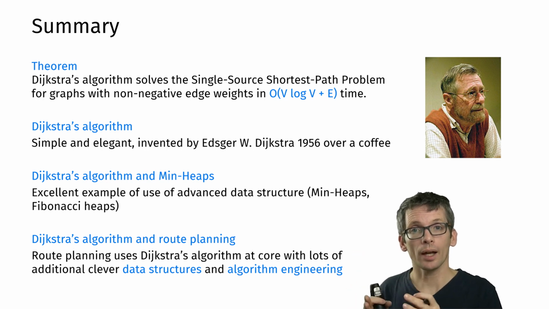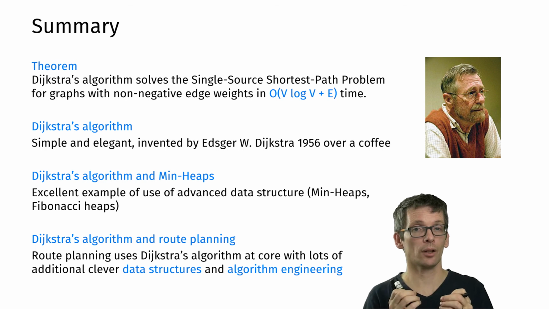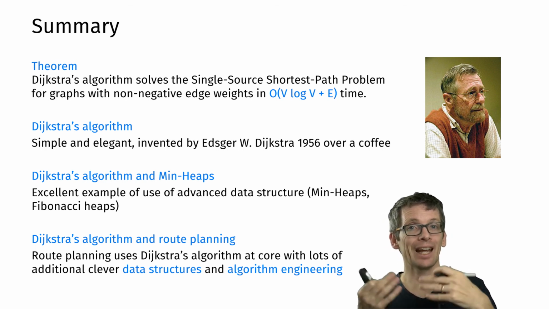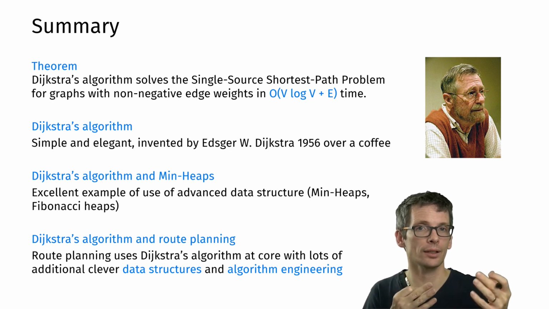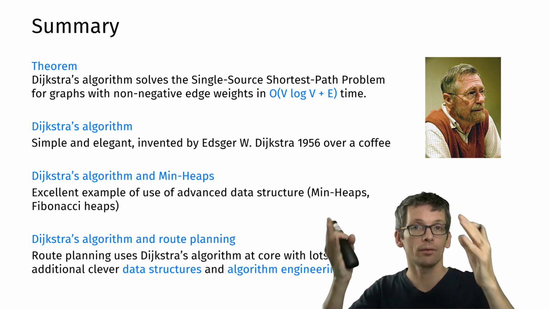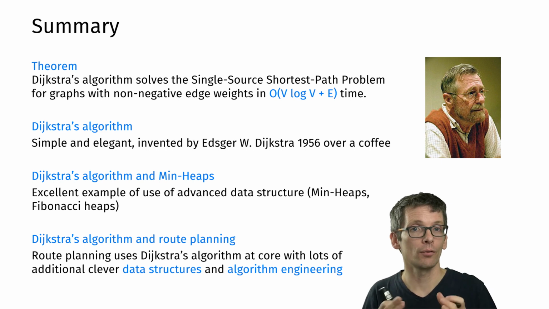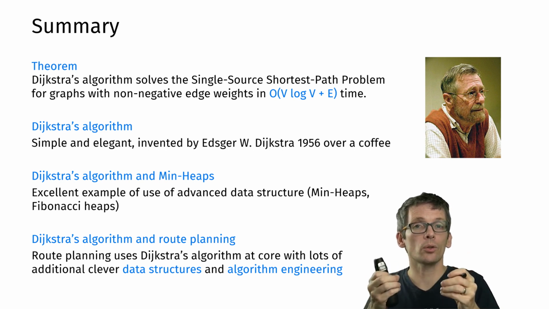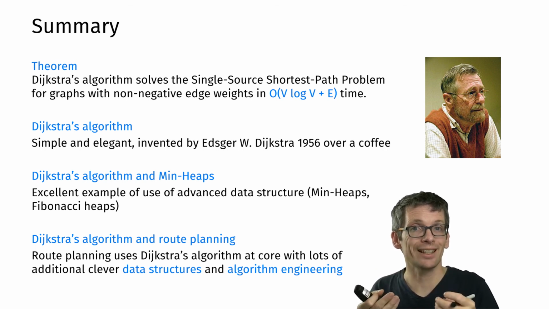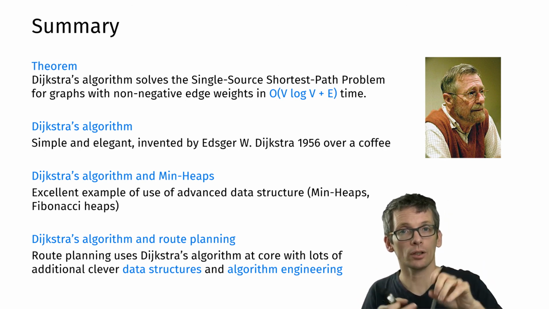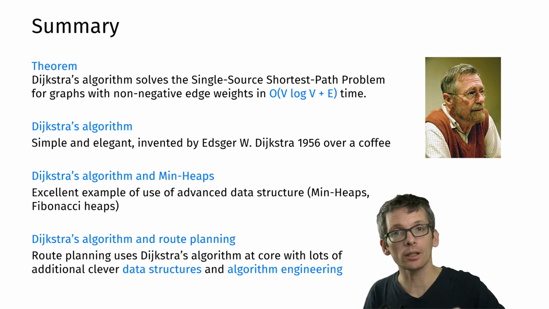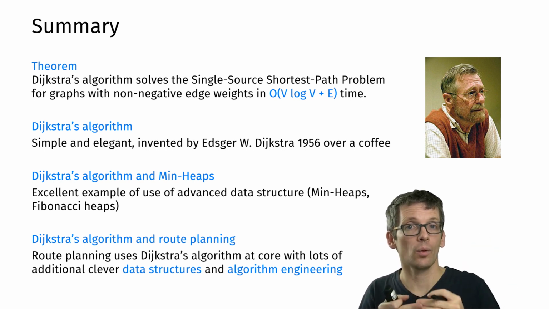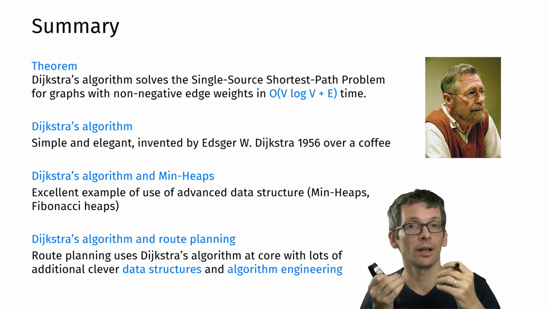When we want to do route planning, then actually at the core there's Dijkstra's algorithm, but we will not want to run it from scratch, because running it from scratch, I mean n log n plus m, where n is the number of vertices in our road network, obviously is too large. So what is used in such systems are data structures where you, for instance, pre-compute certain distances and use that to then answer the route planning queries quickly.